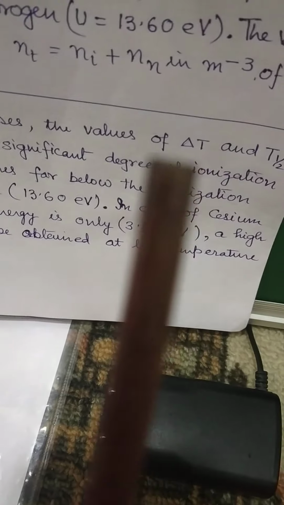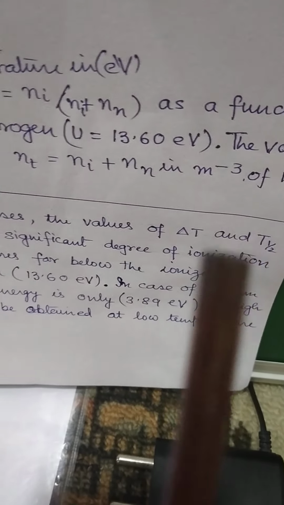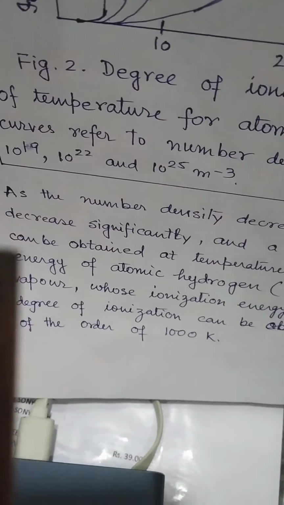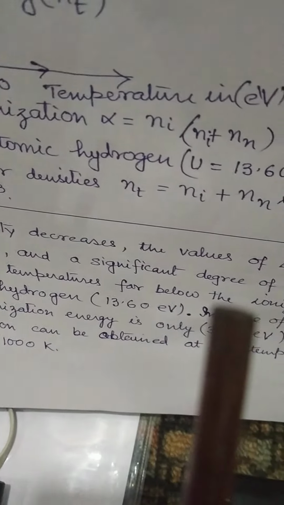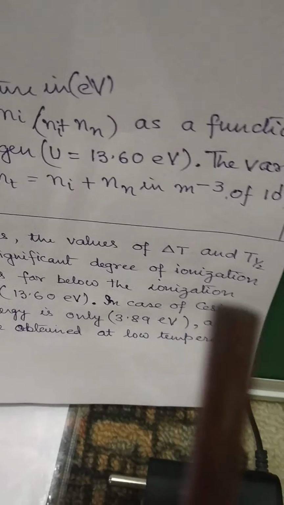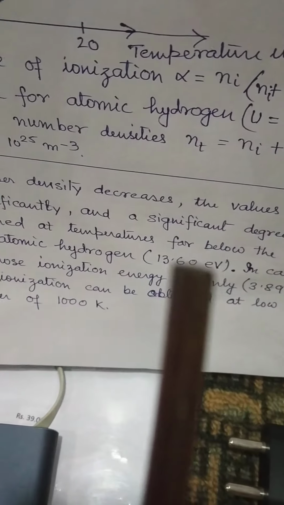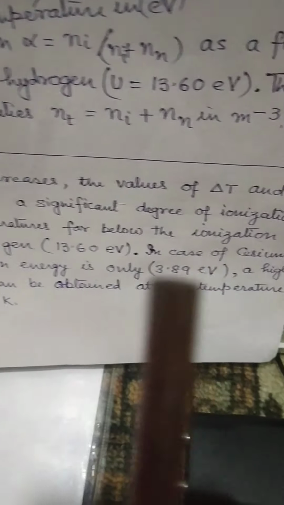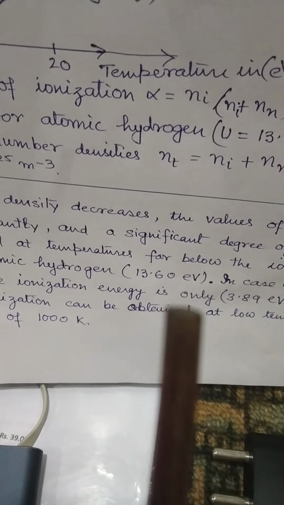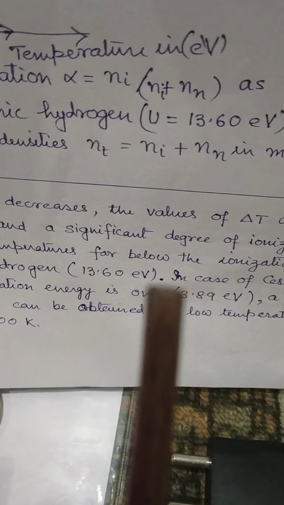As the number density decreases, the values of delta T and T half decrease significantly, and a significant degree of ionization can be obtained at temperatures far below the ionization energy of atomic hydrogen, that is 13.6 electron volt.